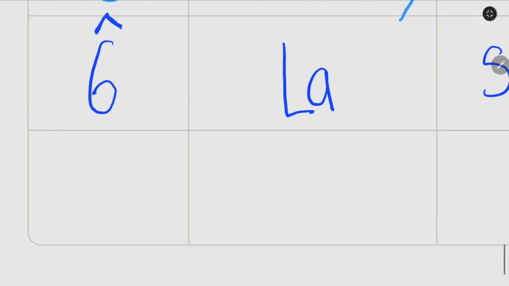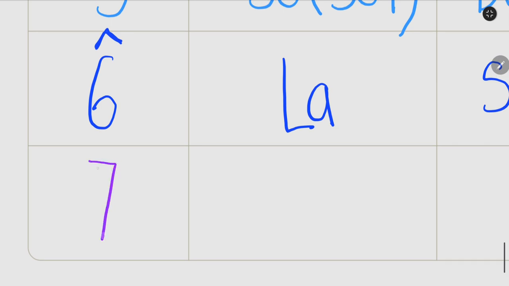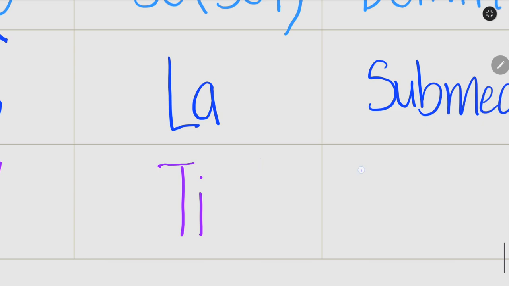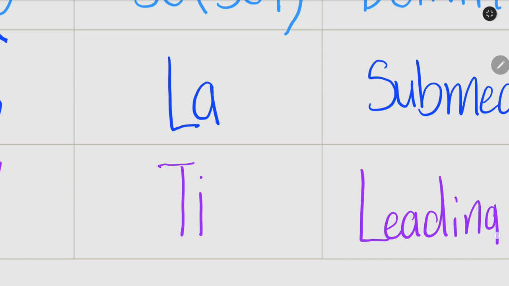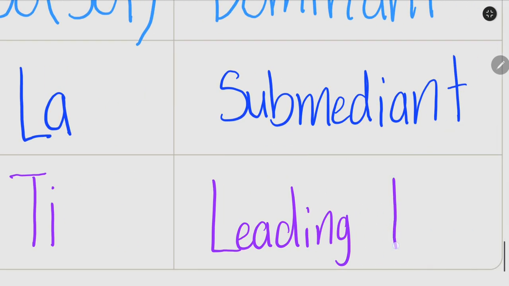And then lastly is our 7th, and this is T, and T is our leading tone because it is the tone right before the tonic.